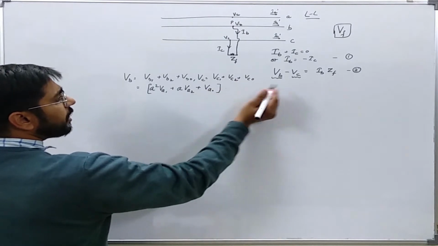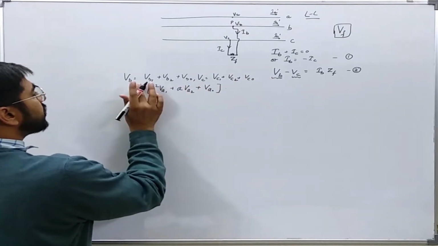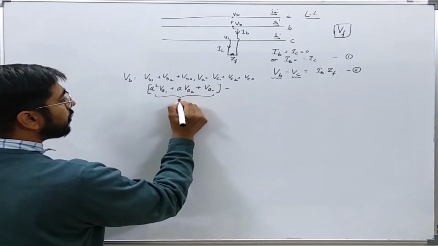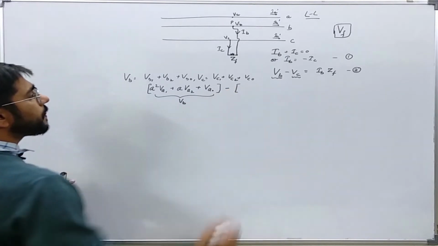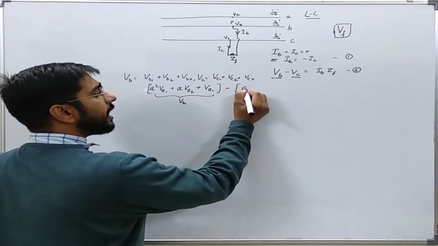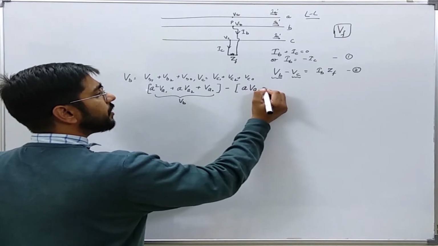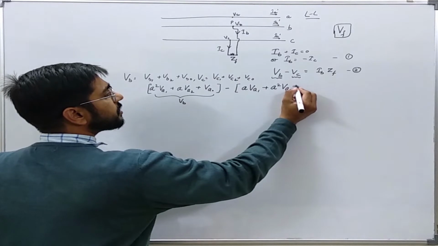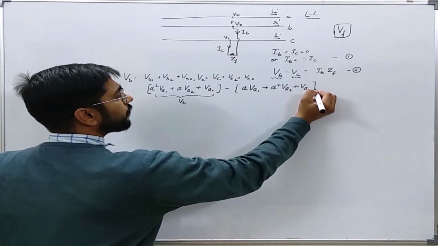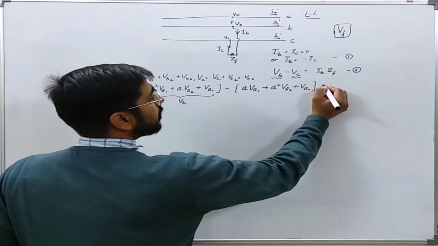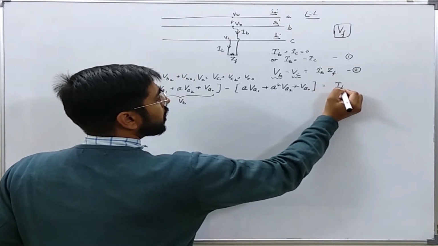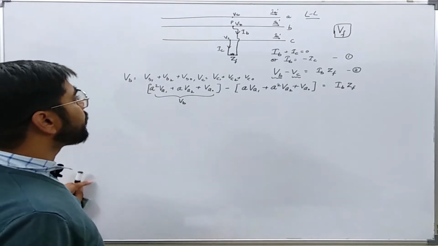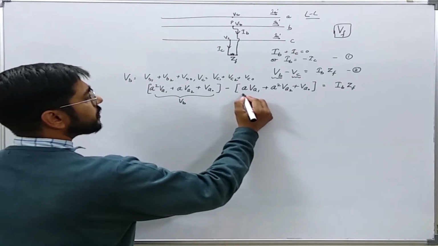If I want to write VB minus VC, VC1 is nothing but A times VA1, VC2 is A square VA2 and this is VA0, and it is equal to IB ZF.